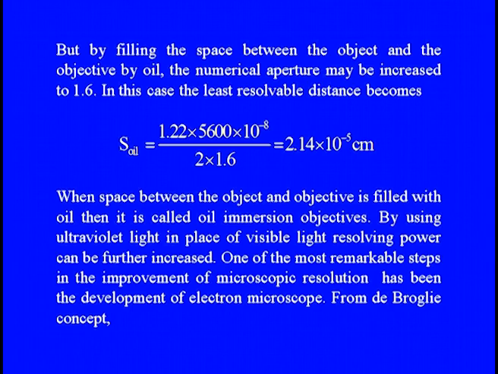In this case, the least resolvable distance S becomes equal to 2.14 into 10 to the power minus 5 centimeter. When the space between the object and objective is filled with oil, it is called an oil immersion objective.